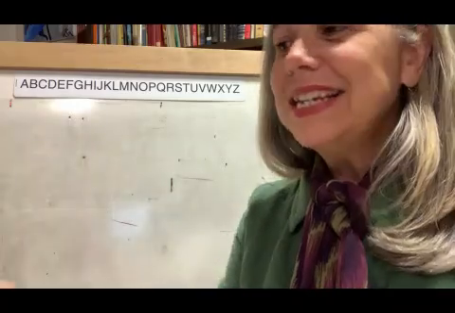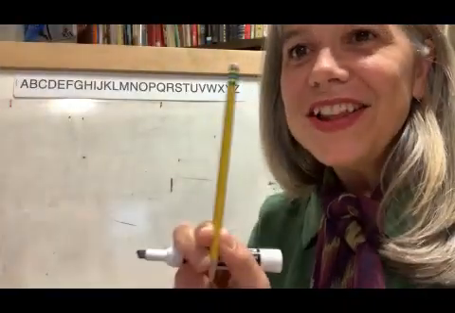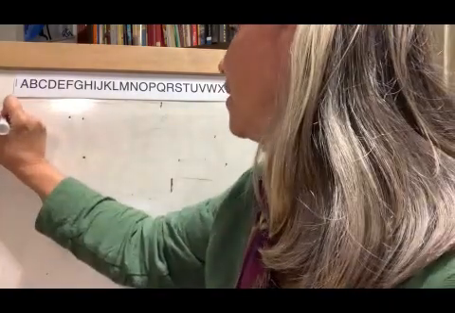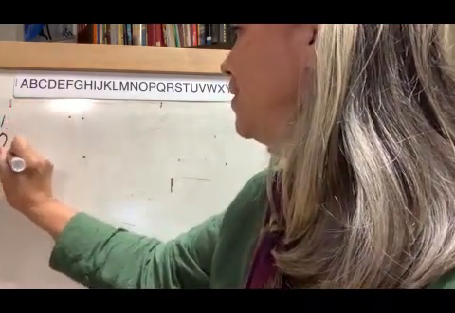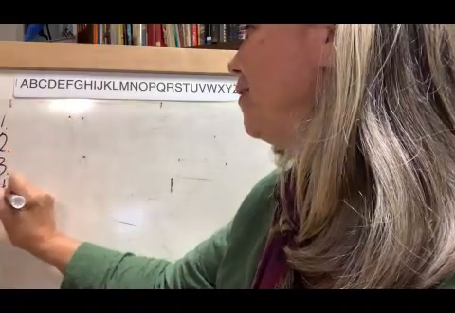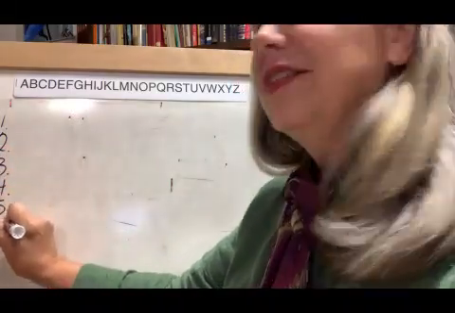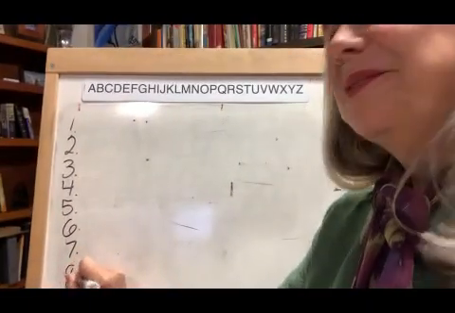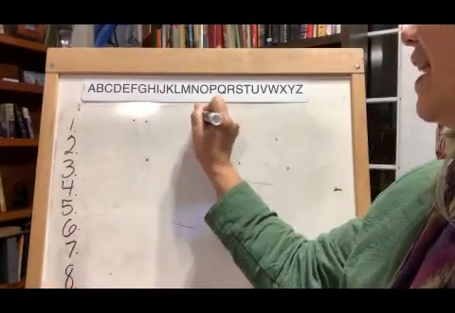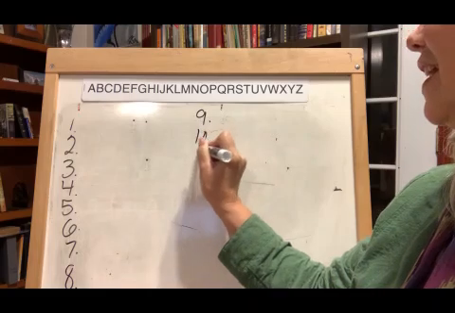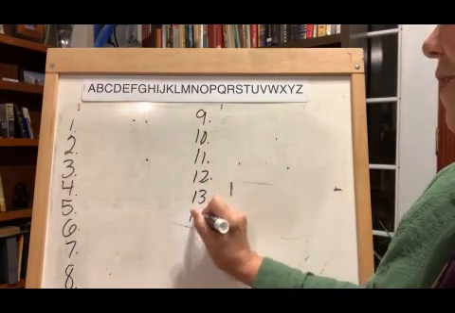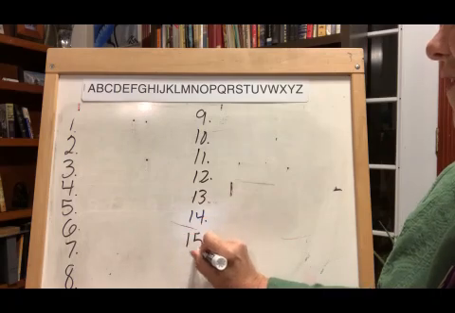Okay, go ahead and take out your paper, take out your pencil, and let's write our numbers 1 through 15. 1, 2, 3, 4, 5, 6, 7, 8, 9, 10, 11, 12, 13, 14, and 15.